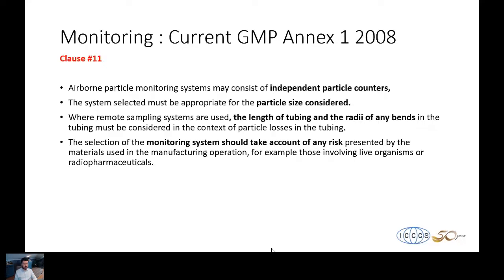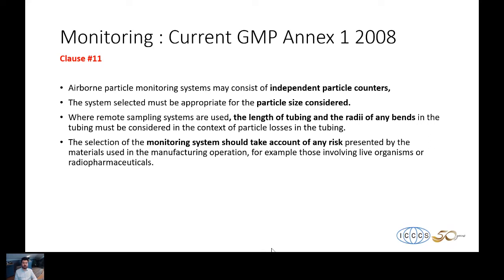The reason I'm saying this is you may start losing particles in your tubing, and also in the bends. If the radius is small, then you will again start losing particles from your sampling into your sampling system. So make sure that you have enough engineering study behind it and keep it as short as possible.